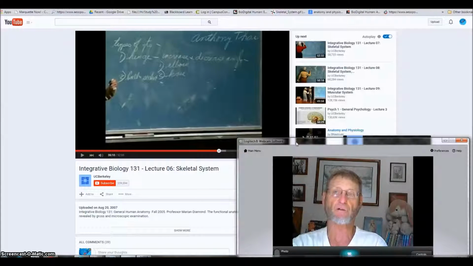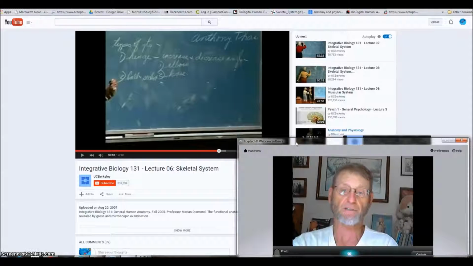Osteoclasts tear down bone by, literally, basically, secreting acid onto the bone that makes the hydroxyapatite, or the mineral in the bone, dissolve. That's what it does. It dissolves.